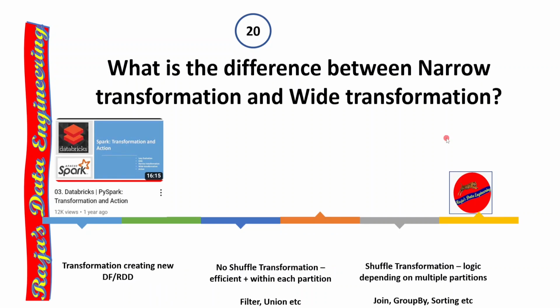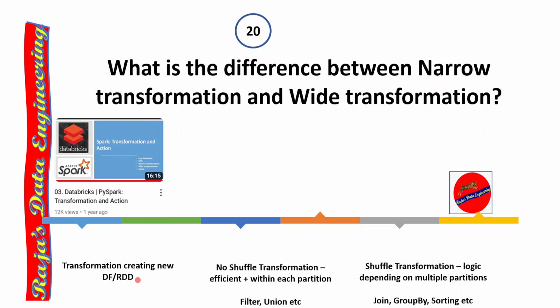Moving on to the next question, what is the difference between narrow transformation and wide transformation? This is also one of the common questions. I have already posted a video about transformation and action. If you understand that video, then you will be able to answer this question easily. So coming to transformation, it is always going to create a new RDD or data frame.